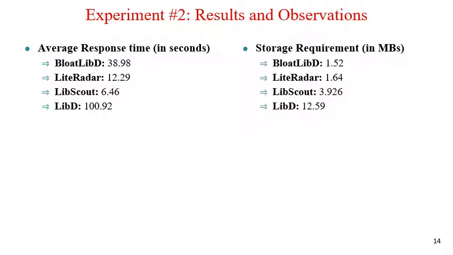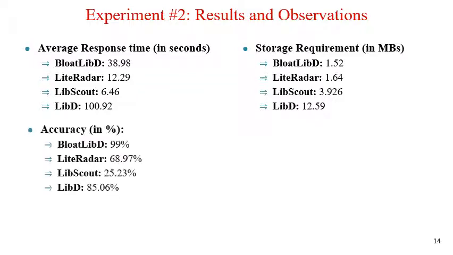But if we compare in terms of storage, blotlibd achieved the smallest storage requirement, which was 1.52 MBs, and libd was much higher in comparison, at 12.59 MBs. One important point to note was that the other tools are based on whitelists, so we considered the size of the whitelists which were provided along with these tools for comparison.